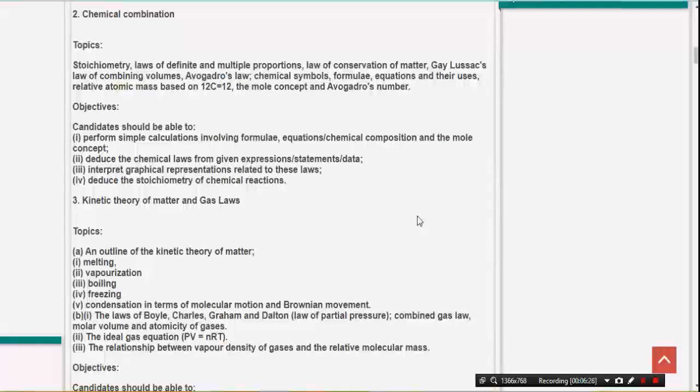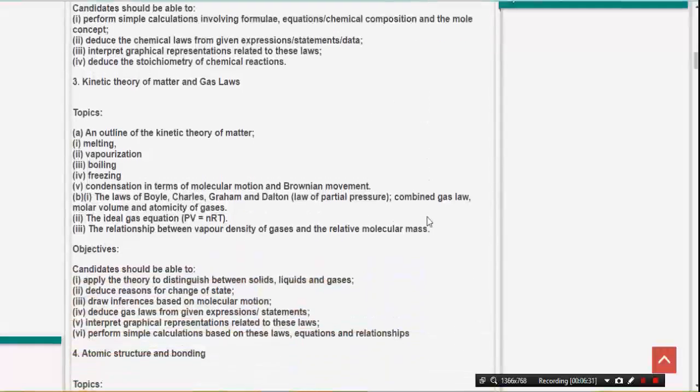Section 3 is kinetic theory of matter and gas law. The topics found in that section are an outline of the kinetic theory of matter, which are melting, vaporization, boiling, freezing, condensation in terms of molecular motion and Brownian movement.